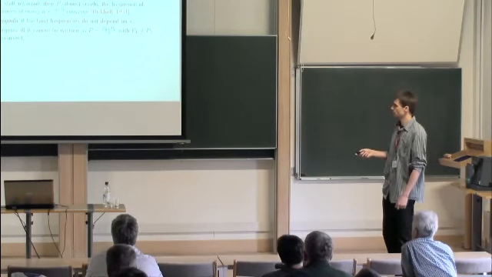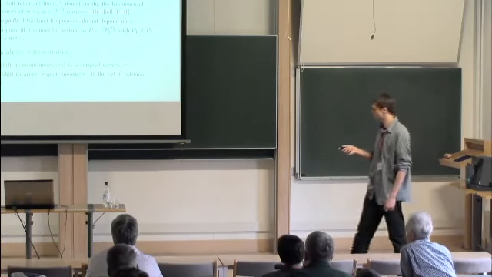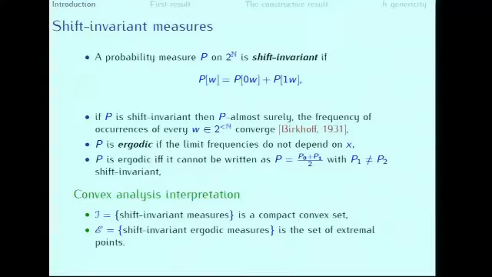There is also a nice interpretation of these notions: you can see the class of shift invariant measures as a compact convex set in some space, and the ergodic measures are the extremal points. They are the points that you cannot write as a barycenter of other points.